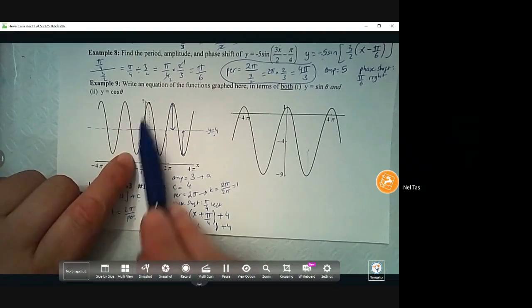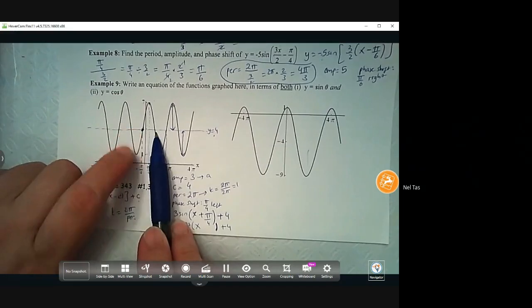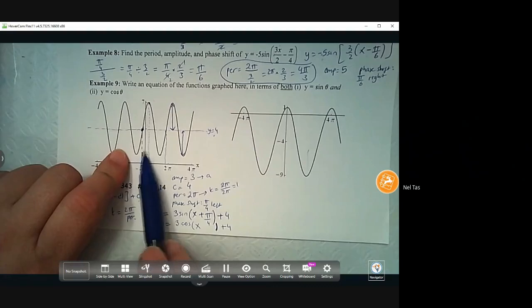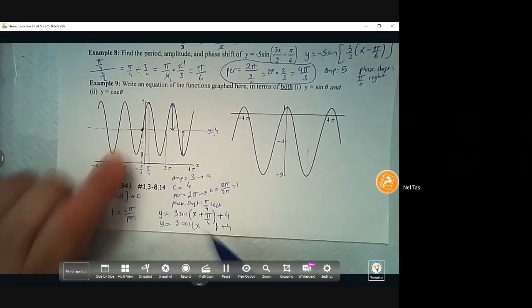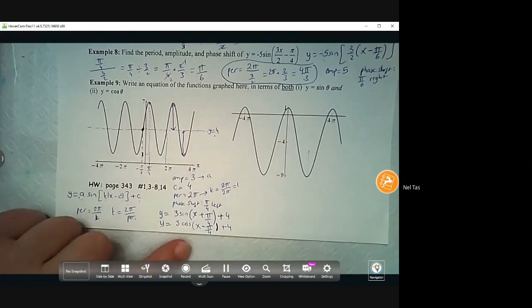So this is a 0 and that is a maximum. The horizontal distance between these two must be a quarter period, which is pi over 2. So this is negative pi over 4, then the next one has to be positive pi over 4 here, so that the horizontal distance between them is one quarter period. So that is now x minus pi over 4.